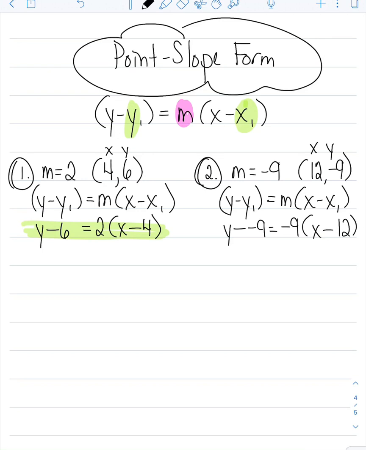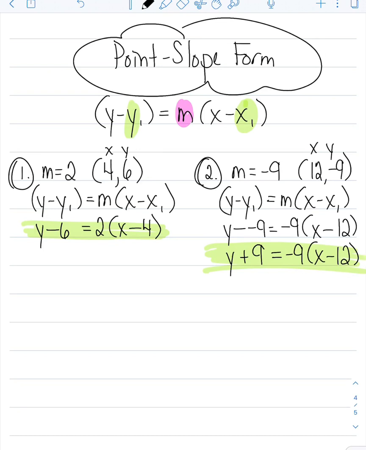Now we simplify this. 2 negatives make a positive. So y plus 9 equals -9 times x minus 12. So a line that has a slope of -9 and goes through the point 12, -9 in point slope form is this right here.